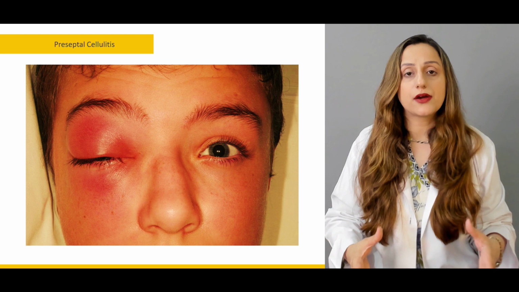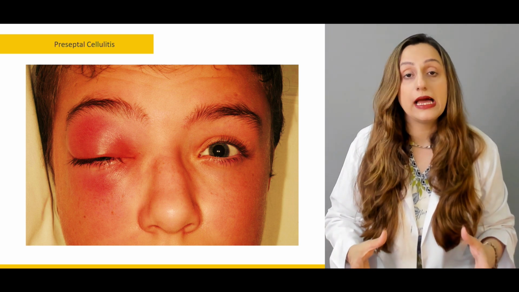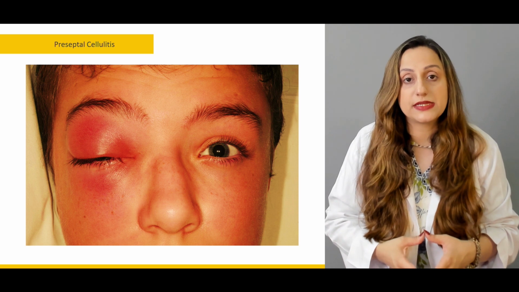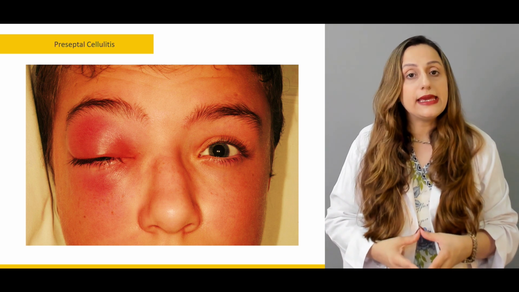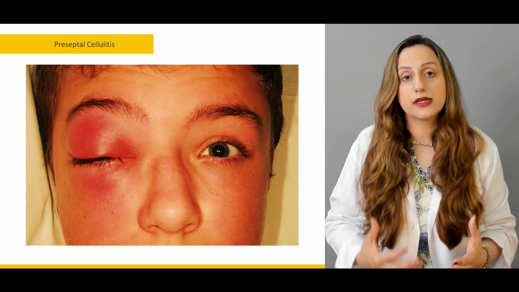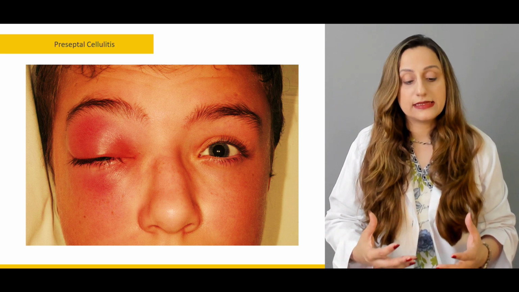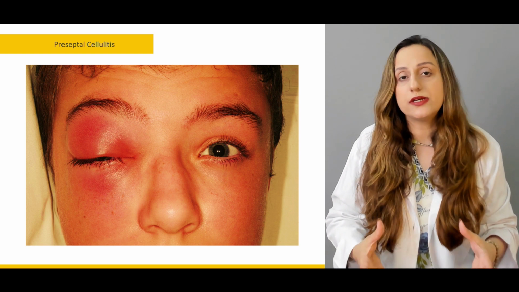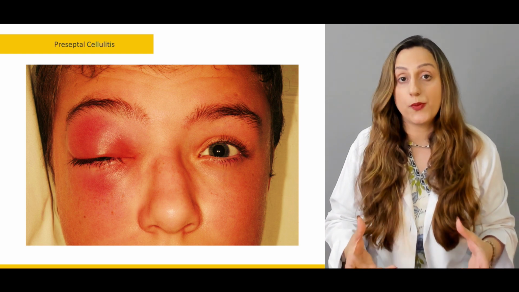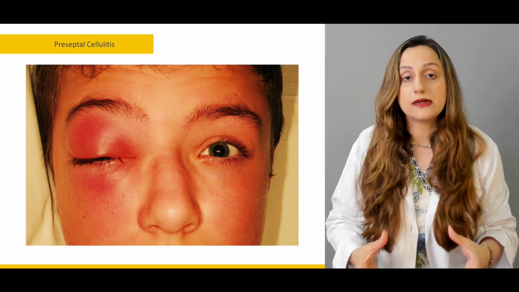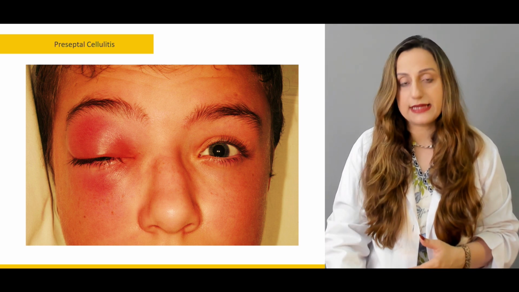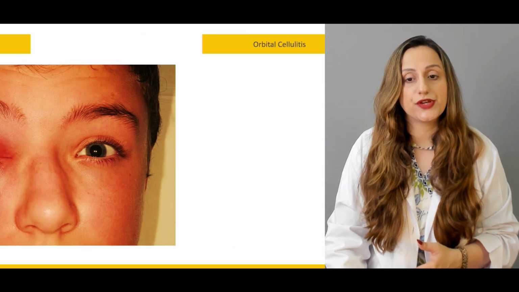It usually doesn't occur in all of the population, but the population more prone to developing preseptal cellulitis would be those who are immunocompromised, whose immune system is not working in a proper way. Only then will they encounter these infectious states known as preseptal cellulitis.